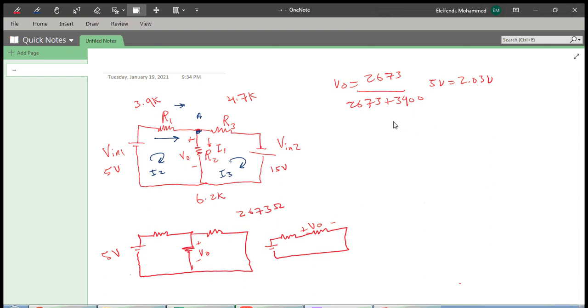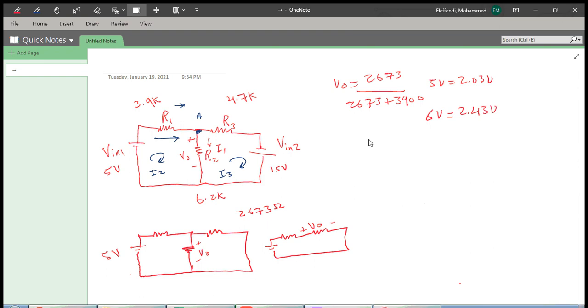Now I'm going to increase the 5 volt to 6 volt and see what contribution it gives. So I'm going to multiply this same number here by 6 volt, and we get 2.43 volts.